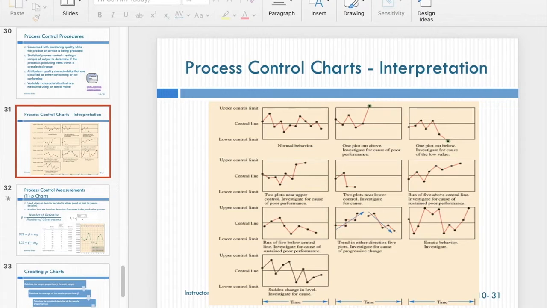Okay, so as long as what is normal, in general, we can summarize as this: as long as the whole dot itself is within the upper control limit and within the lower control limit, and it doesn't approach the upper control limit or the lower control limit, and it's also not showing some very clear pattern, even if all of the dots are within the control limits, then we call it normal behavior.